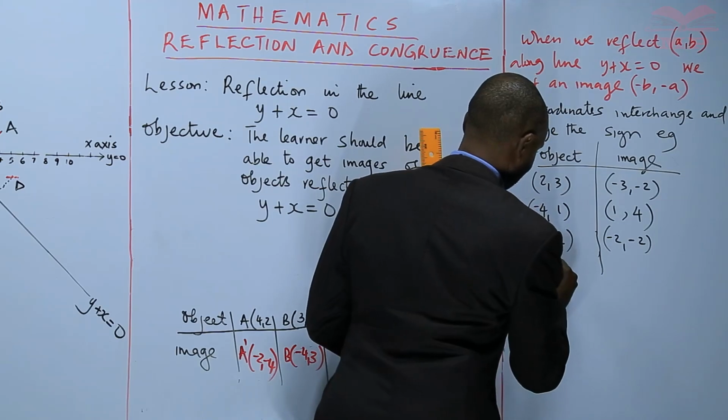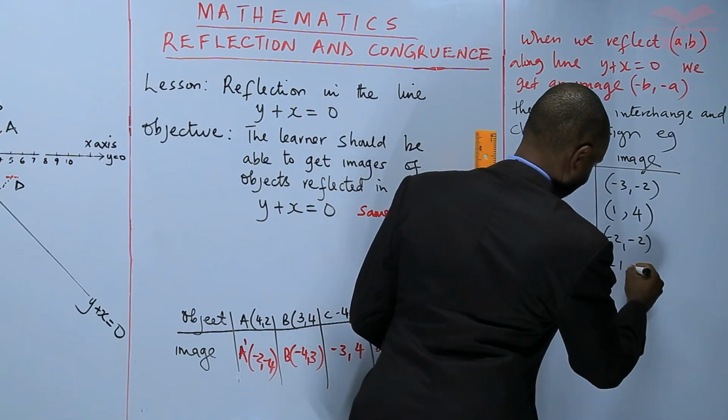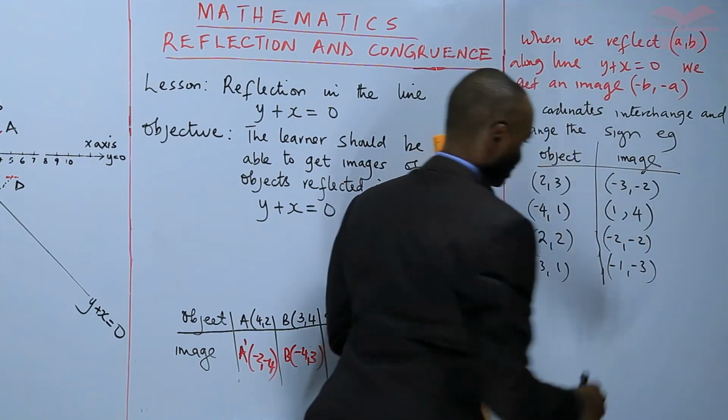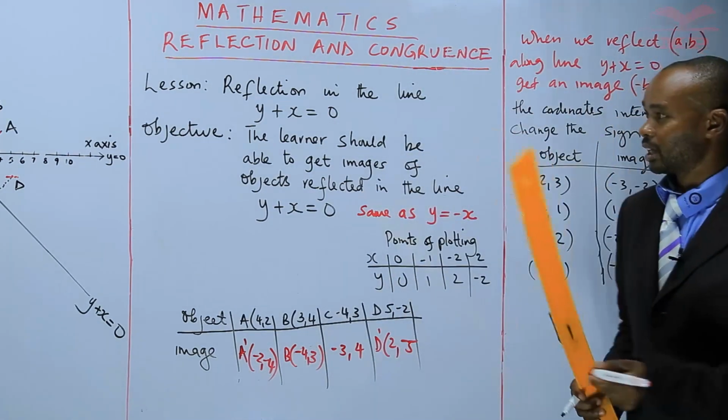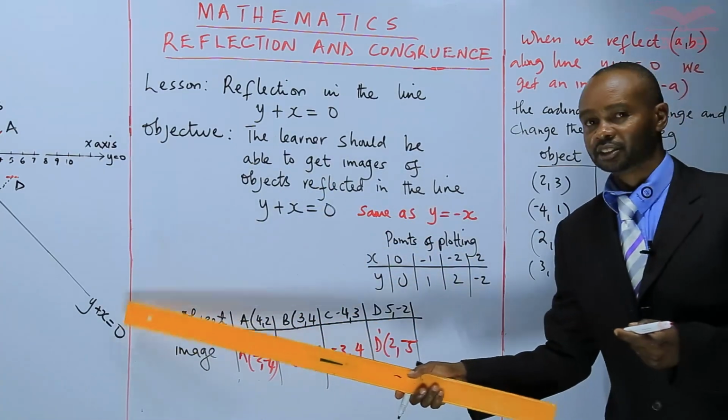When you have 3, 1, we'll have negative 1, negative 3. That is actually what happens when you have a reflection along line y plus x is 0.